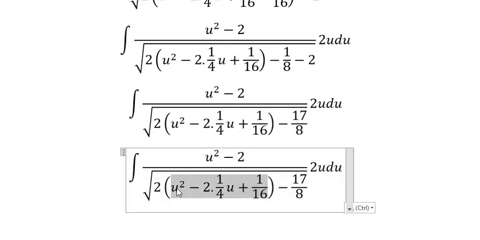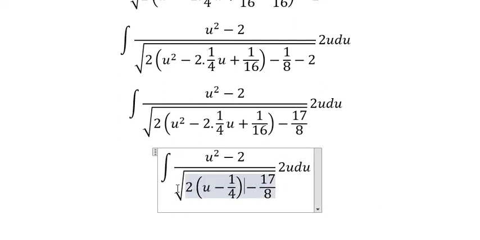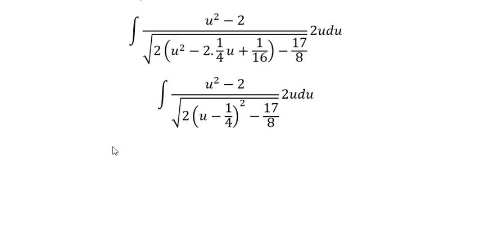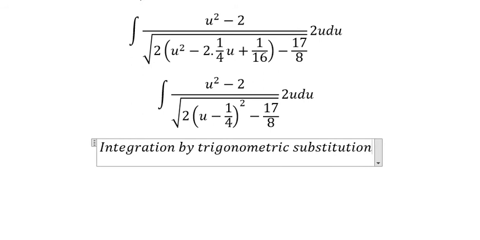This one we need to change into u minus 1 over 4 to the power of 2. Now we can use integration by trigonometric substitution.